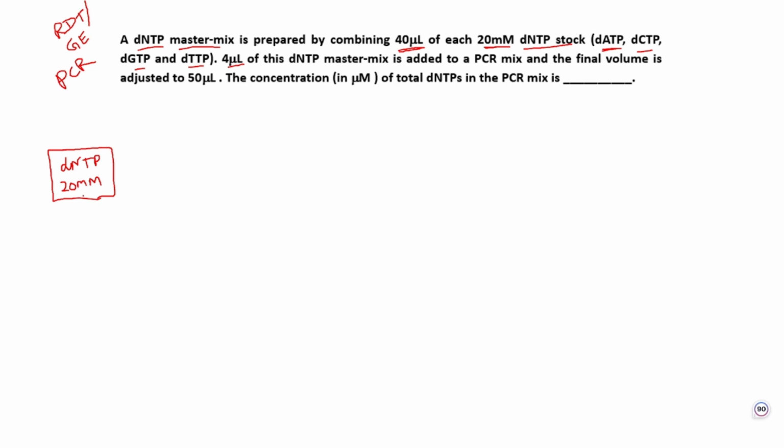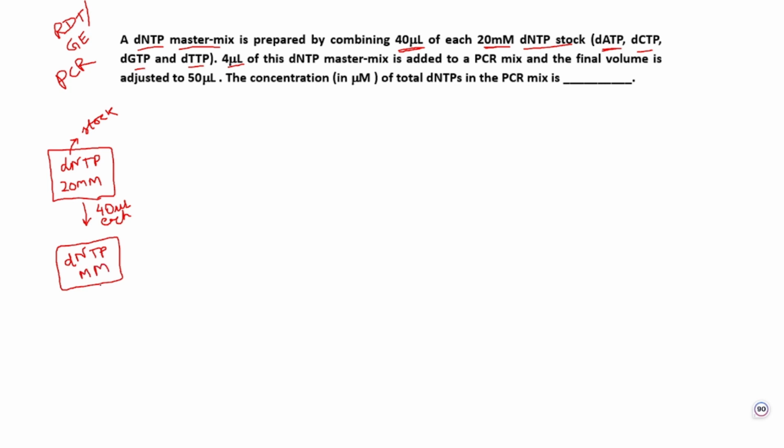This is your stock solution, and from this stock solution you are taking 40 microliter of each dNTP stock, and you are preparing the dNTP master mix. So this is your dNTP master mix. I write the master mix as mm.